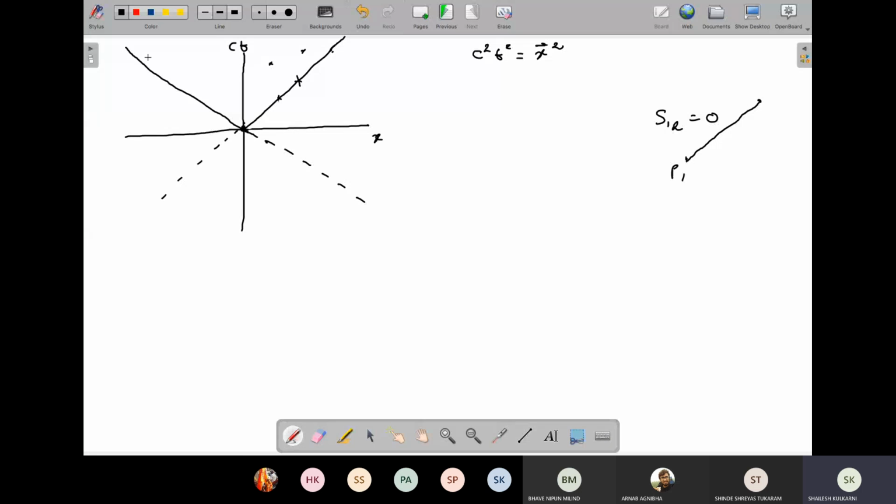Now consider any two events here. Let me denote this as region 1, this region as region 2, this region as region 3, and this is region 4.